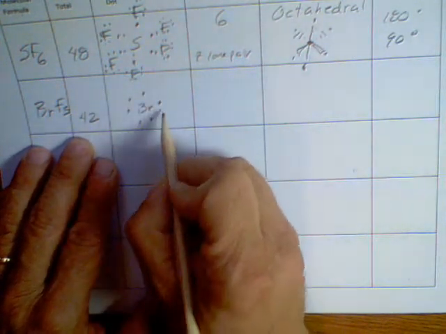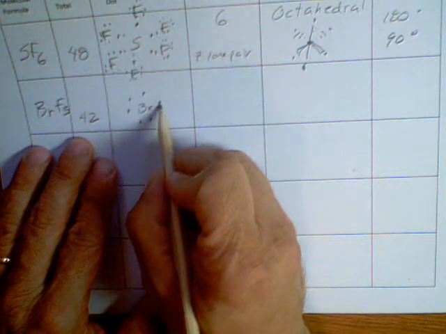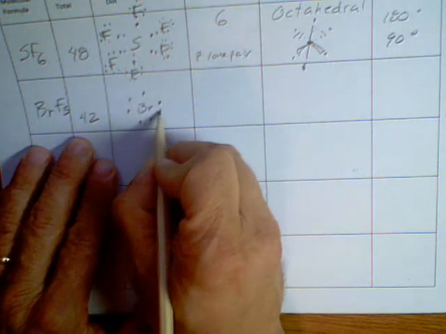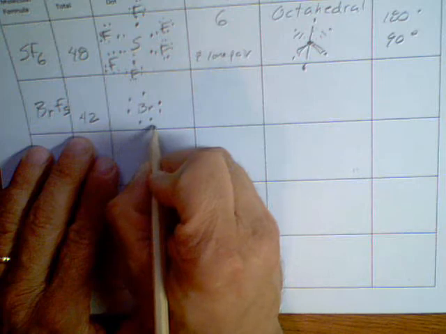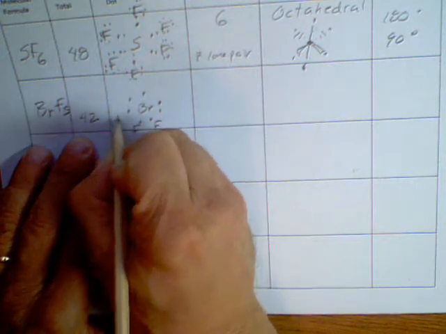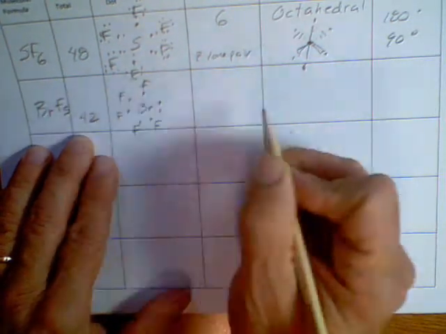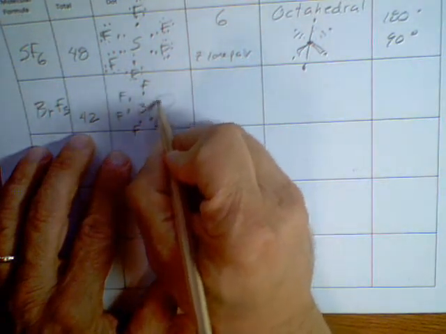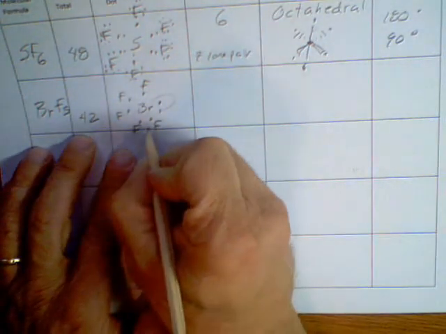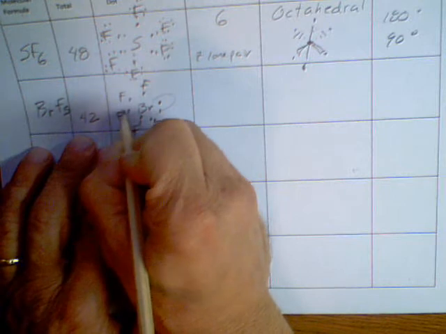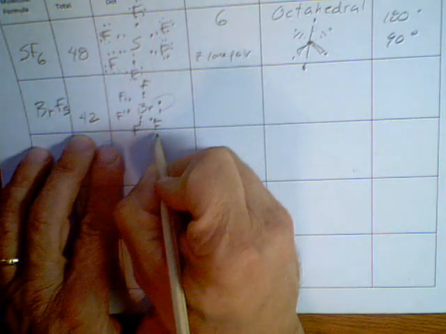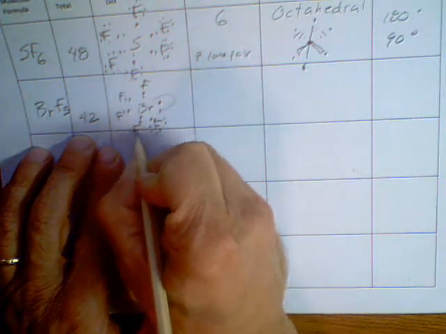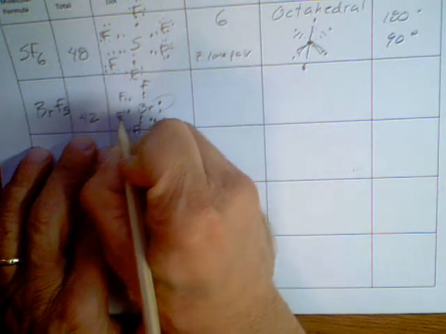So what'll happen is these electrons are together in a pair and stable, but the rest of them will share with the fluorines. And so we have this unpaired here, but the rest of these fluorines are going to have a full octet.